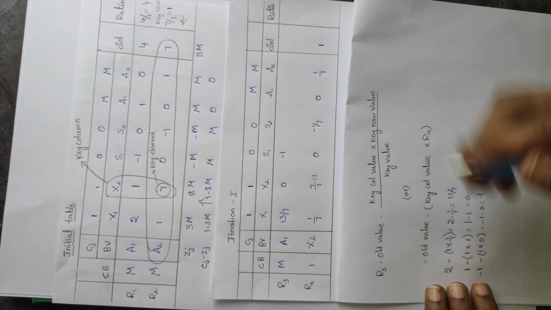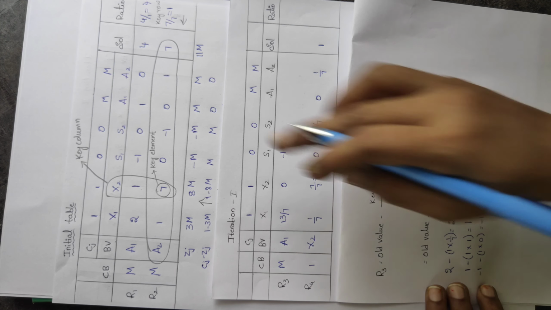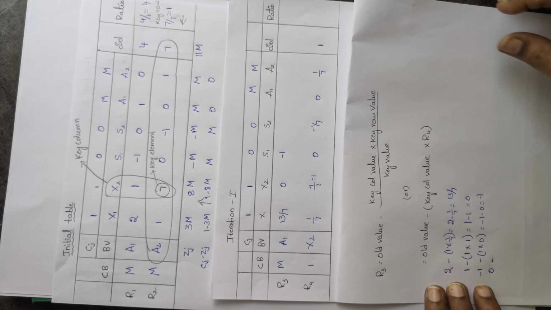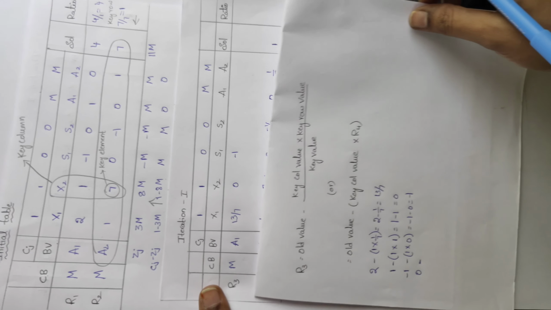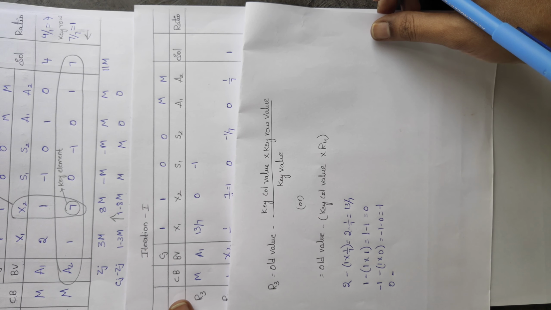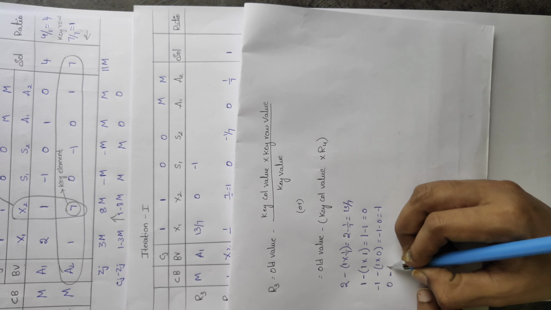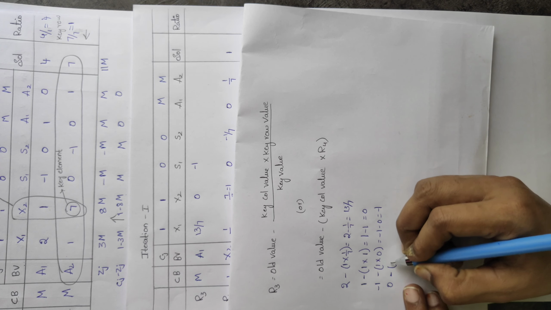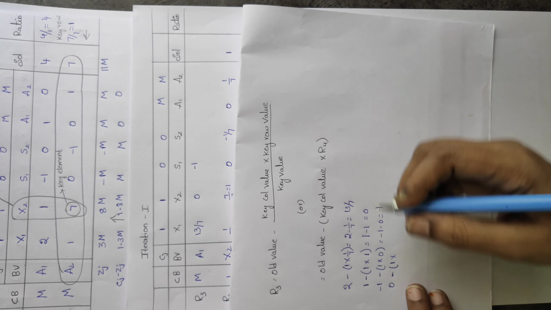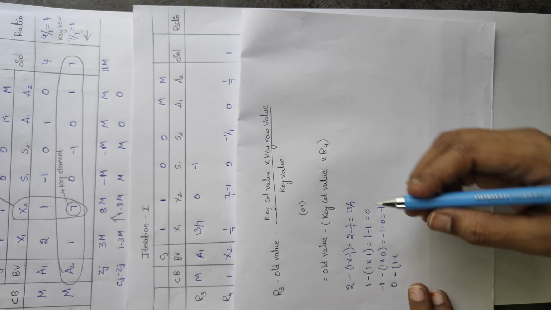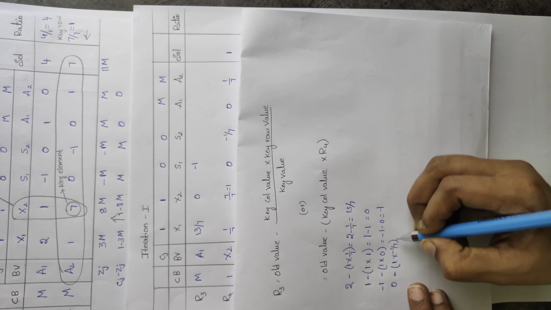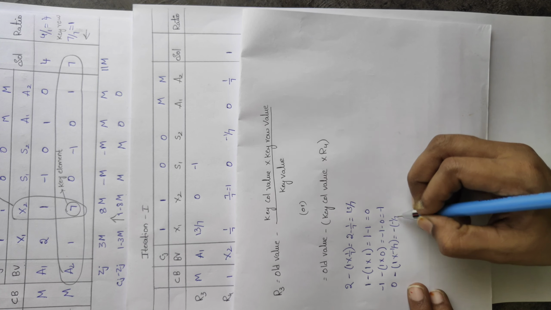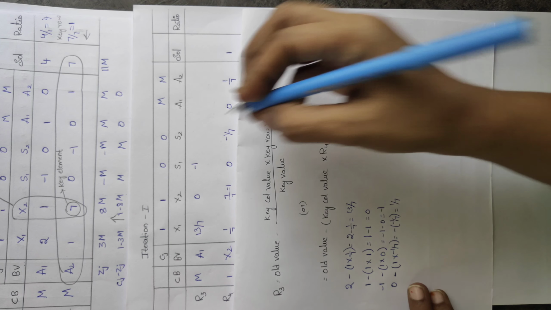Next, the old value is 0 minus the key column value 1 into the R4 value minus 1 by 7, which equals minus of minus 1 by 7, which is 1 by 7.